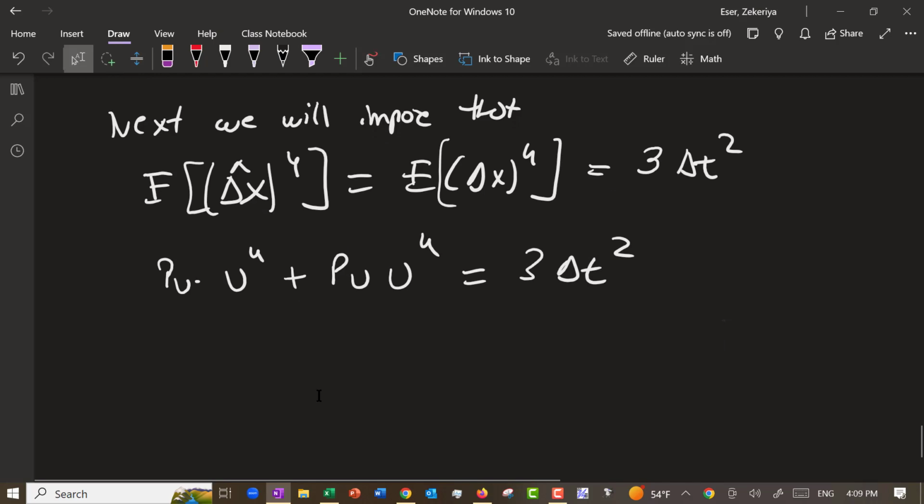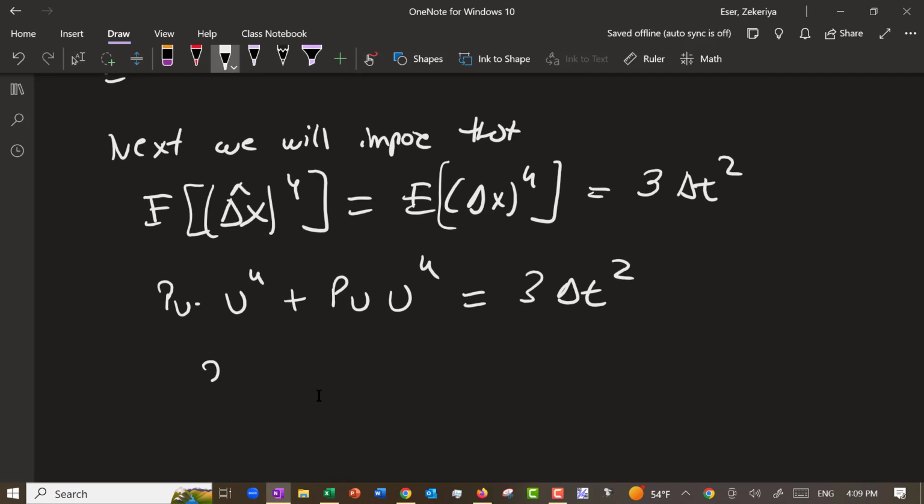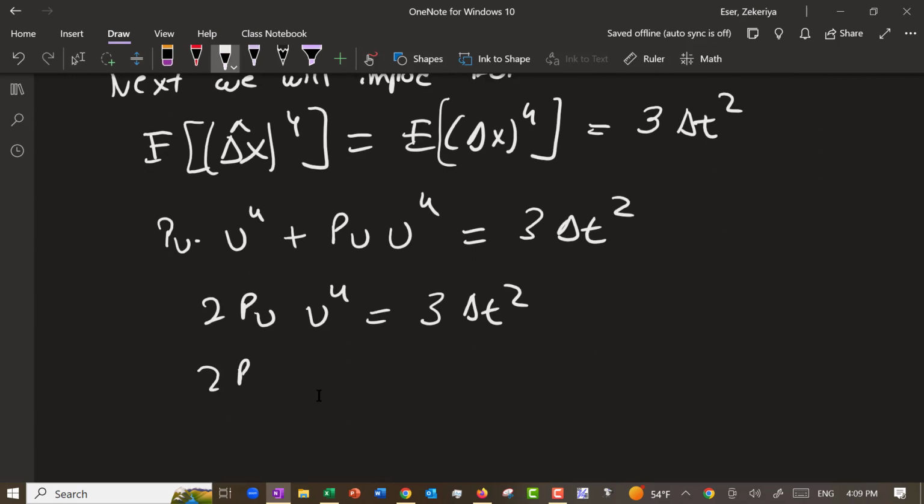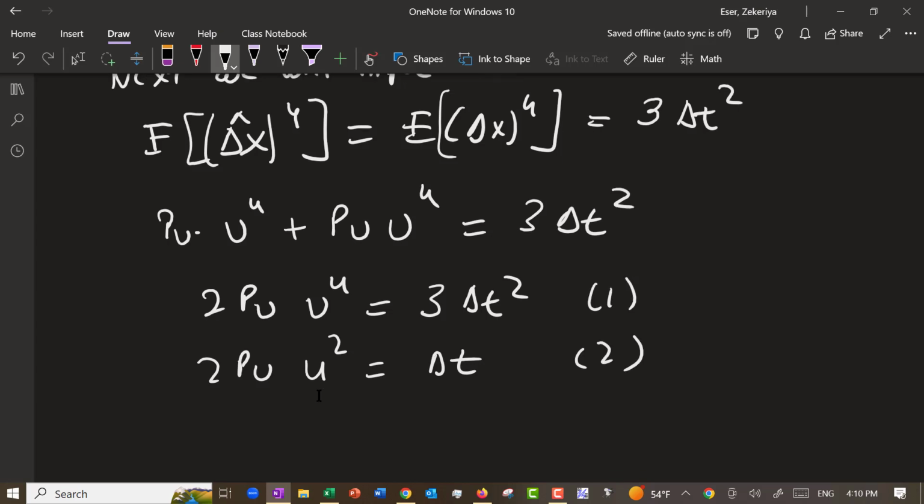So I have 2 equations. It says 2 pu u4 equals 3 delta t squared, and the other equation is 2 pu u squared equals delta t. This is equation 1, this is equation 2.